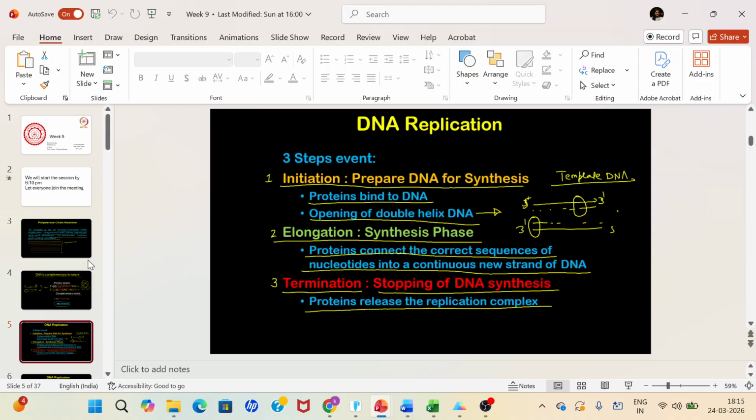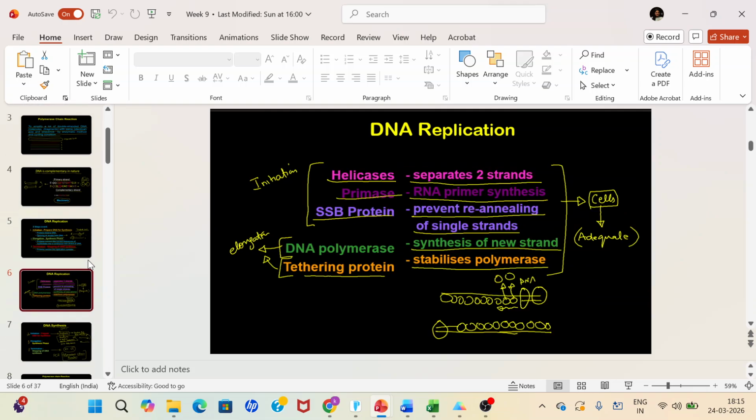Proteins bind to DNA, then the double helix opens. After the opening of the double helix, single strands form, and the proteins connect the correct sequence of nucleotides into continuous new strands of DNA. This is the synthesis phase, and termination is the stopping of DNA synthesis. The protein releases the replication complex and we get the amplified product.